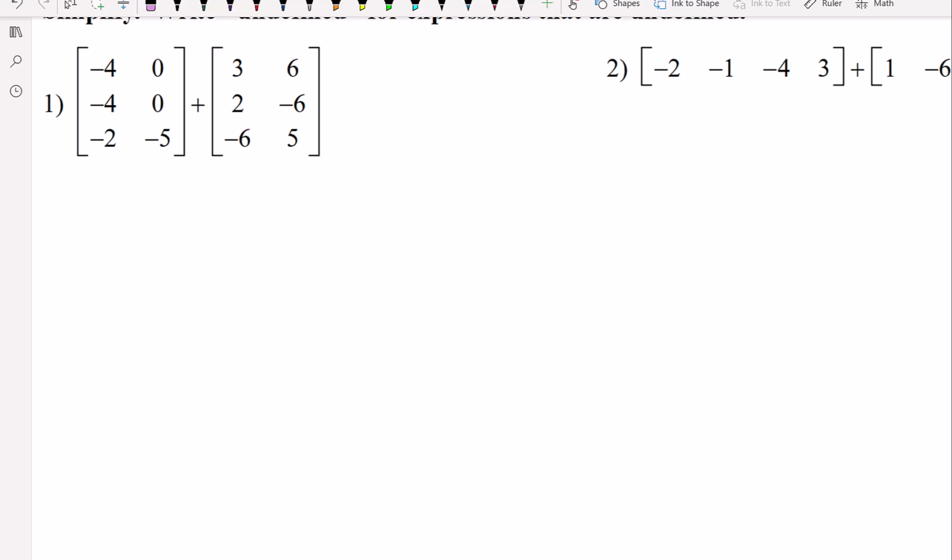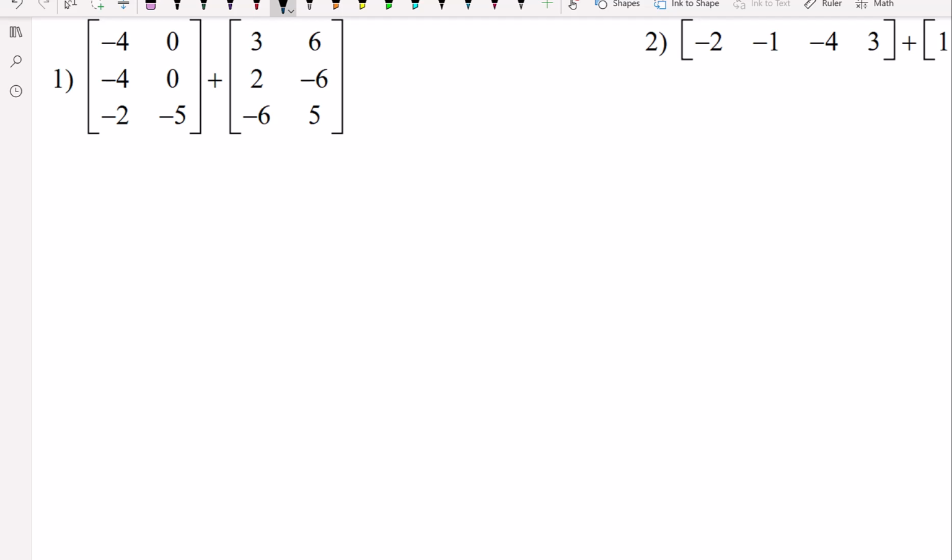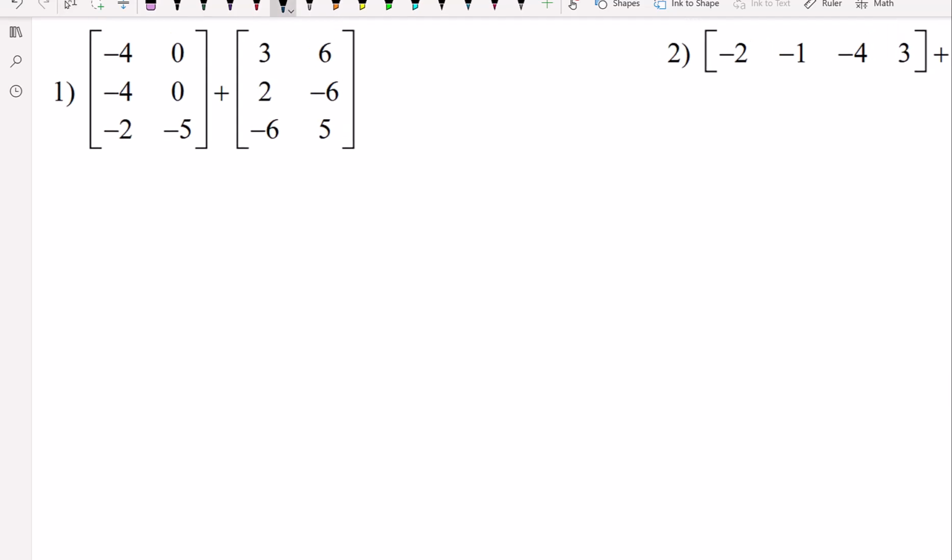Okay, so what you have to do with matrices is you have to name, identify their size, and you always list it rows by columns. In fact, you can do it with a lowercase r, rows by columns. So 1, 2, 3 rows by 2 columns.